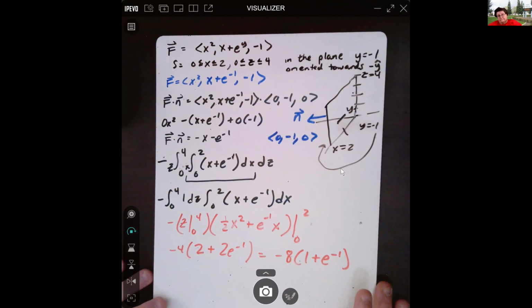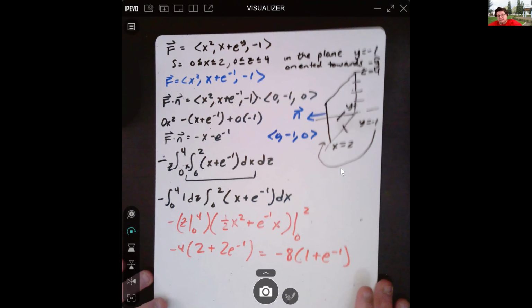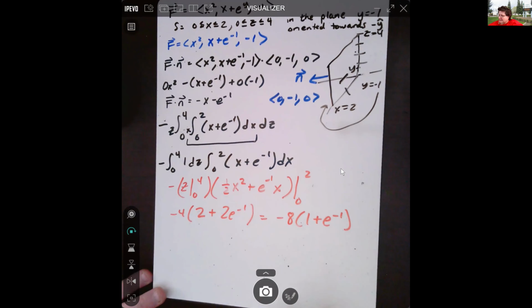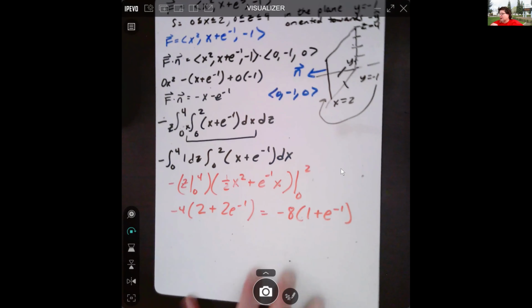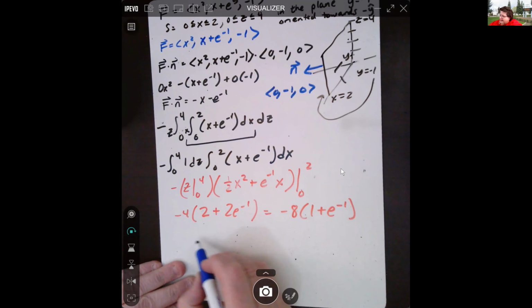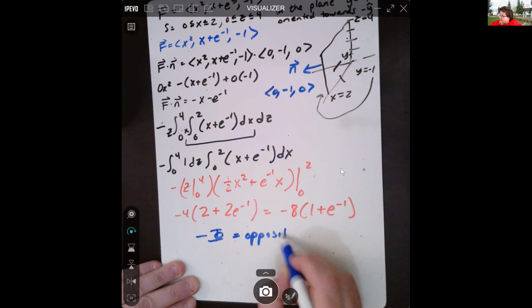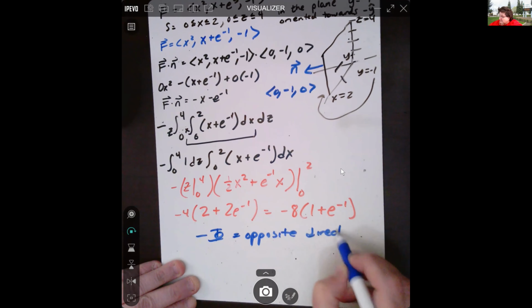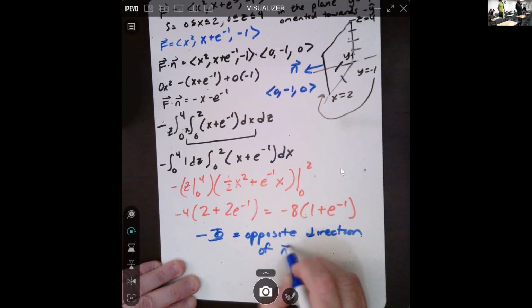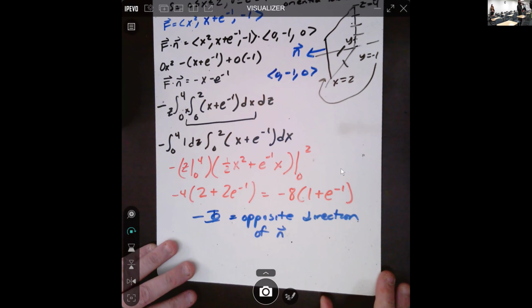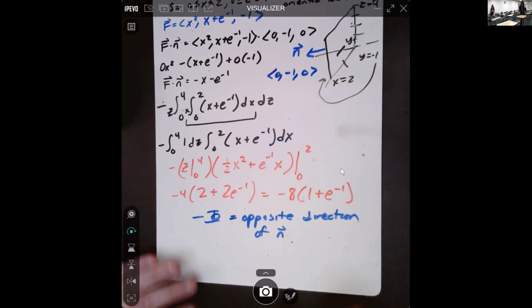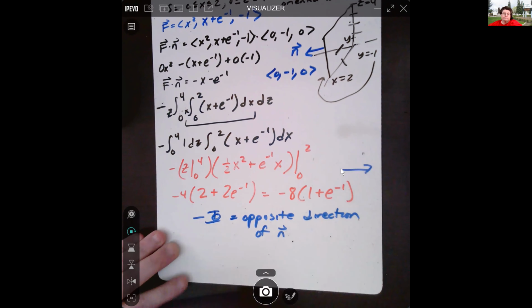So a better way of saying it is a negative flux means it's in the opposite direction of n. So here it's flowing to the right.